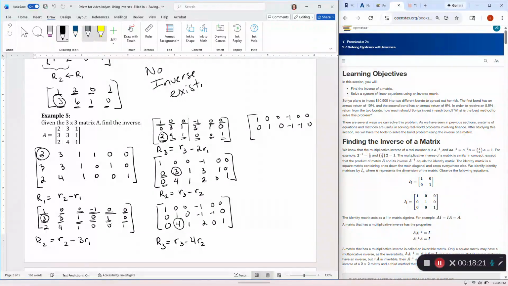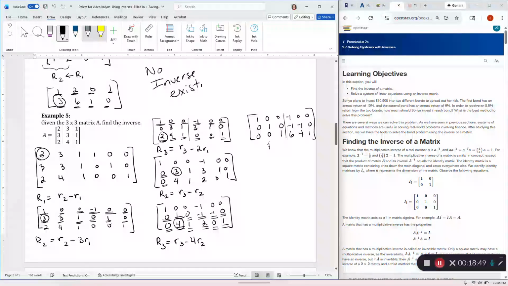Am changing row 3. It'll be a 0, 0. This next one will be 4 minus 4. Will be a 1, 0. Now will be a plus 4. A 0 plus 4. Last one will be a 1 minus 0.